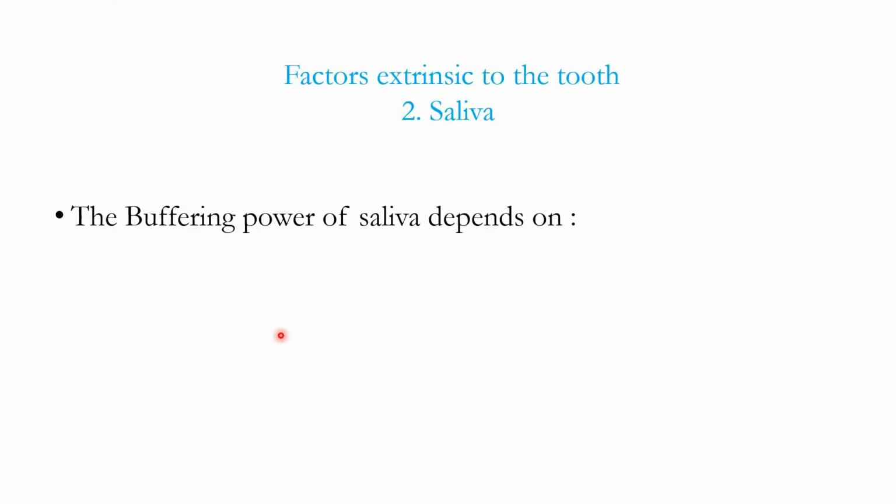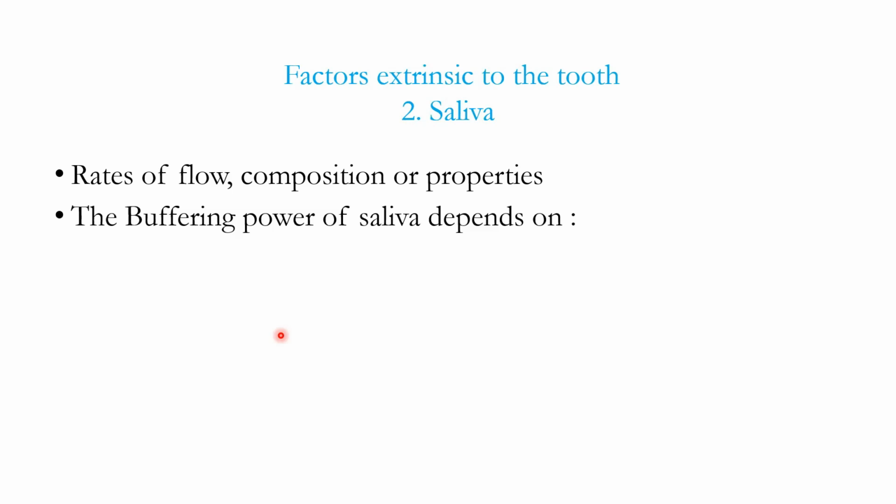Let's move on to the factors which are extrinsic to the tooth, starting with saliva. Saliva has a very important role in our oral cavity. It has many functions, but the most important function when it comes to caries is the buffering power of saliva. You know that saliva has important buffering systems, which basically maintain the pH of the saliva in an alkaline area, that is around 7.